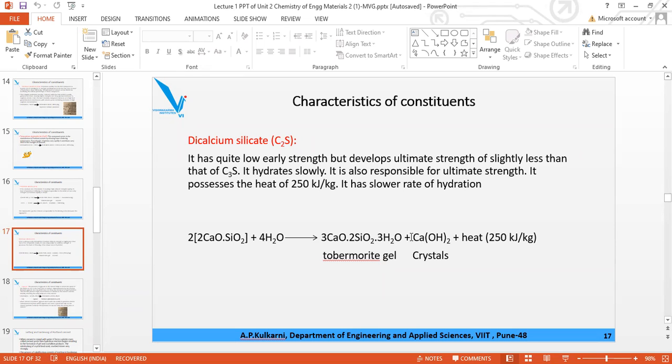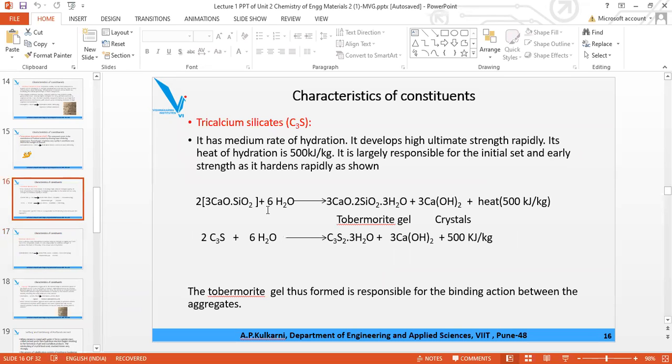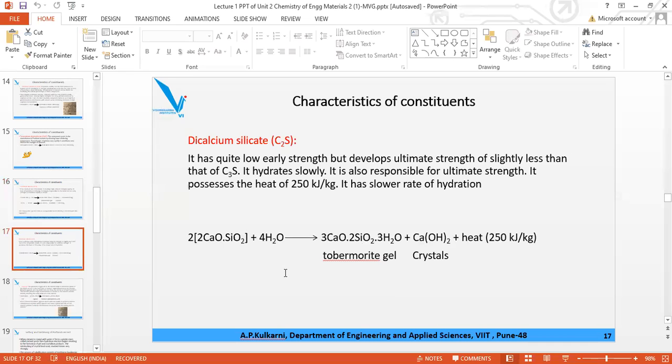Earlier there were 3 Ca(OH)2, here only 1 Ca(OH)2 is there. See, compare the reaction. Earlier 6 H2O were there. Here the formula is the same, 3, 2, 3, and instead of 3 in the next reaction we are getting 1 Ca(OH)2. Remember, use some logic so that remembering will be a long-lasting process. So here the formula is C2S, 2 molecules we have taken, instead of 6 water molecules, we have 4 here.